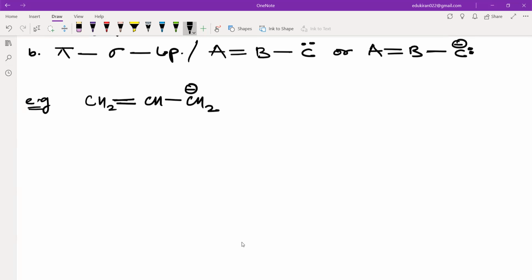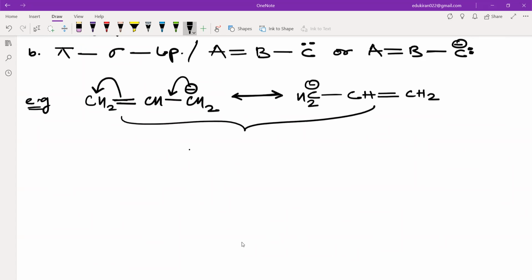Now obviously, which is higher in energy, a bonded electron or a non-bonded electron? Obviously the non-bonded electron, as it is only attracted by one atom. Bonded electrons are attracted by two atoms. That is why the non-bonded pair will move here like this, and this will move here like this. So you will get CH2 negative with a single bond, CH with a double bond, CH2.